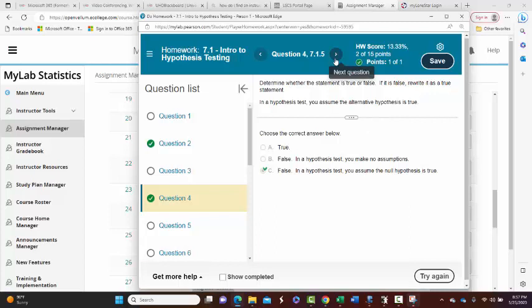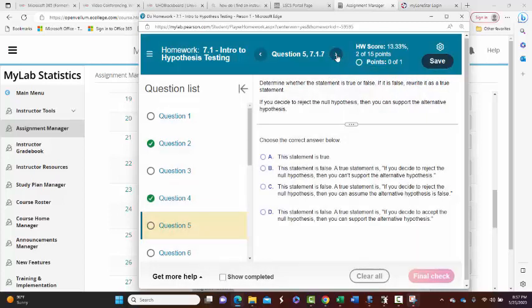But if you reject the null in favor of the alternative, that means the alternative is likely true. That's going to be true. If you reject the null, then you can support the alternative hypothesis. Yes.